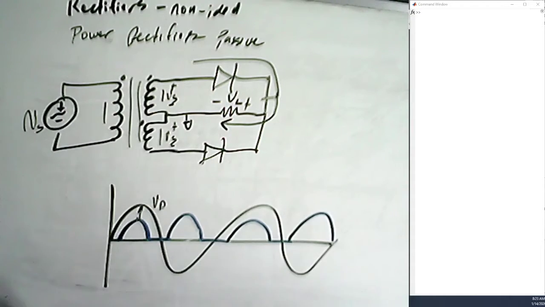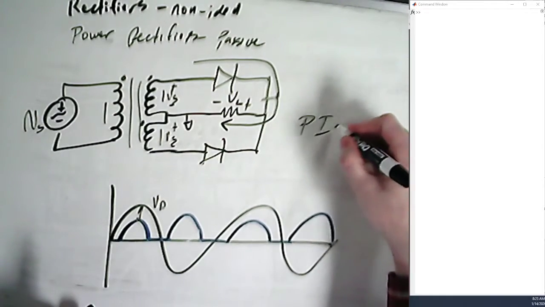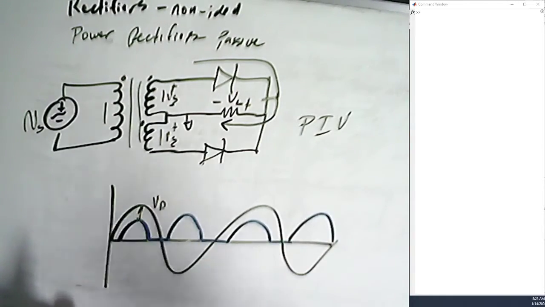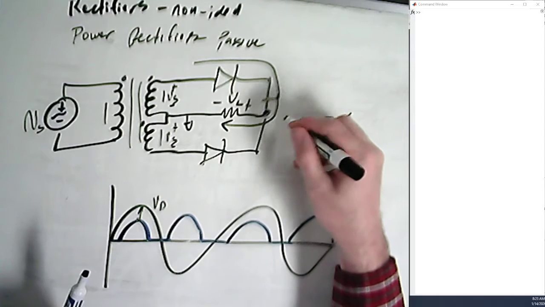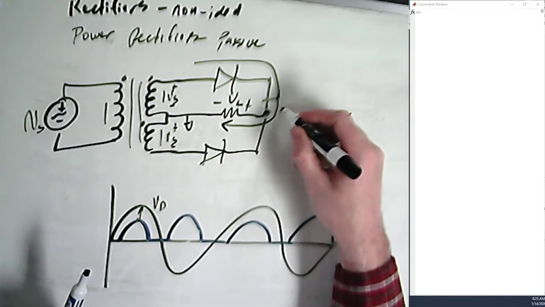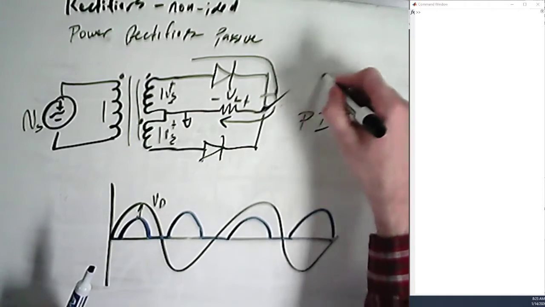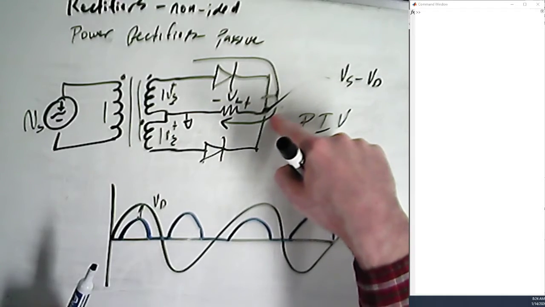Now, the next trick about this, though, is we want to know what the peak inverse voltage is. So in the same one, this is the diode that was reverse biased. The voltage here is going to be, well, in this particular case, it's going to be Vs. The voltage here is going to be Vs minus Vd. That's going to be the voltage right there.